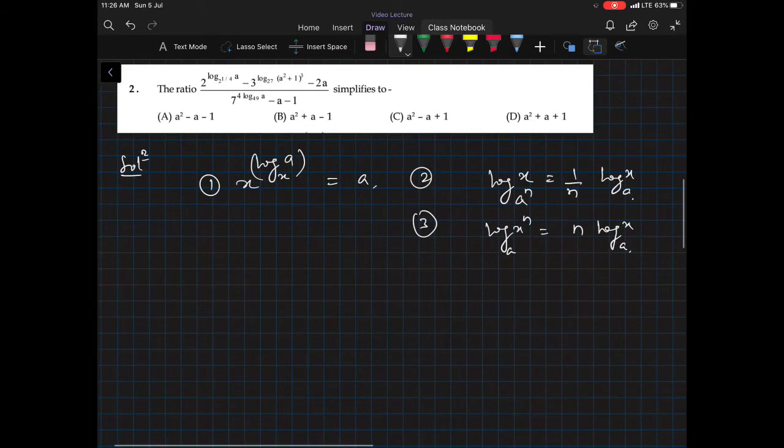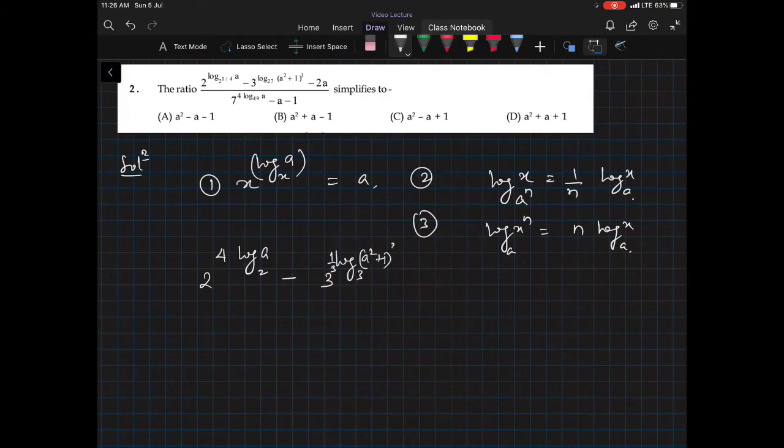So let us see. This is 2 log 2 to the power 1 by 4, so we can write 4 log a base 2, minus 3 log 3 cube, base 27, so 3 cube can be written with the power 1 by 3, and it becomes a square plus 1 power 3.